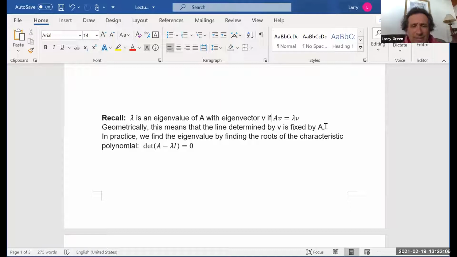Can you think of an example of a linear transformation that doesn't fix any lines? Kind of in words. I'm not looking for the matrix, I'm looking for one word, actually. Identity? Actually, the identity fixes all lines because it fixes everything.